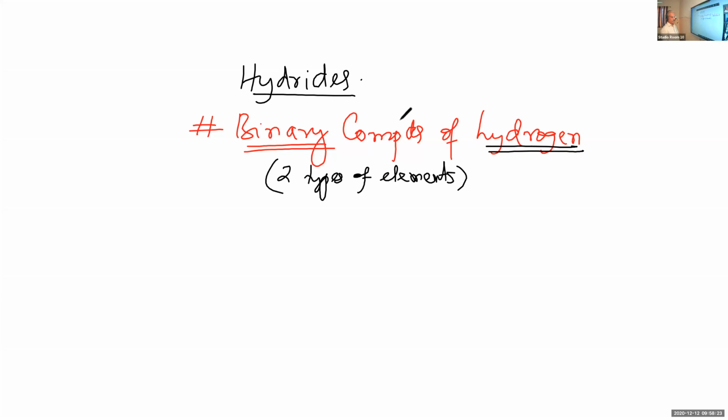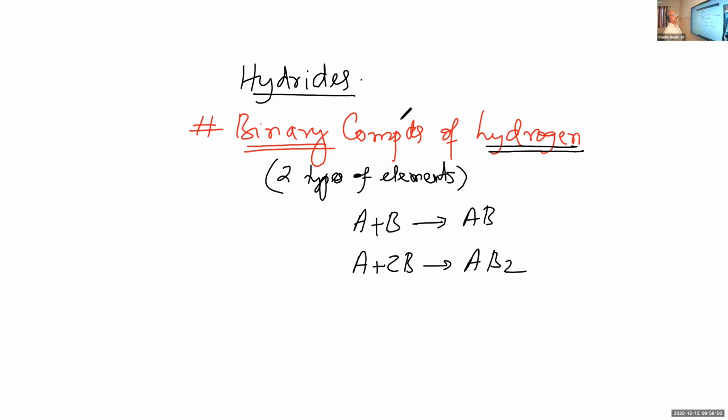In a binary compound, say A plus B giving AB. Suppose AB is a binary compound; in AB there are only two types of atoms. Or A plus 2B giving AB2, that is also a binary compound.